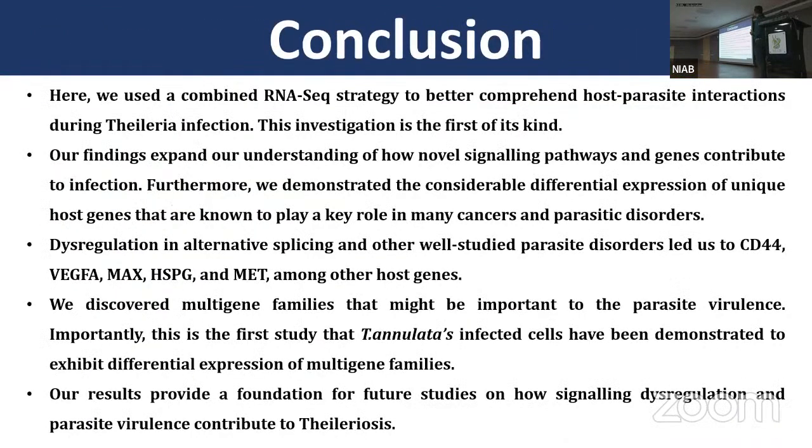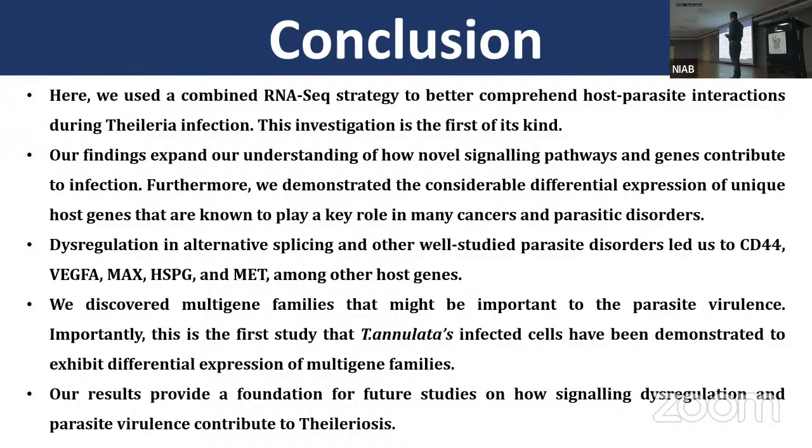So yeah, this is the conclusion. Our findings expand our understanding of how novel signaling pathways and genes contribute to infection, and furthermore we demonstrated differential expression of unique host genes that might play a key role in many cancers and parasitic disorders. Then we identified certain genes through alternate splicing, and we have also identified a multi-gene family that might be involved in parasite virulence.